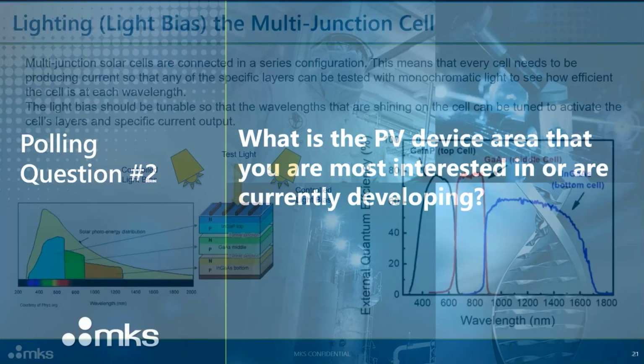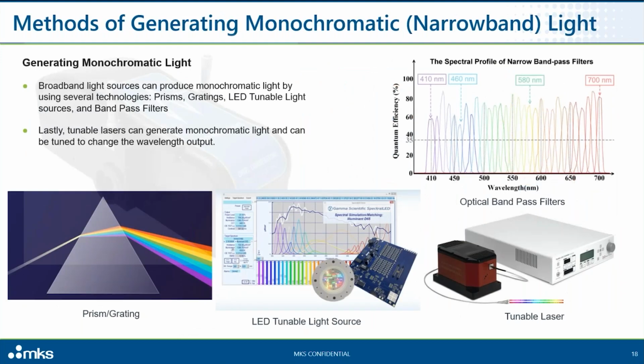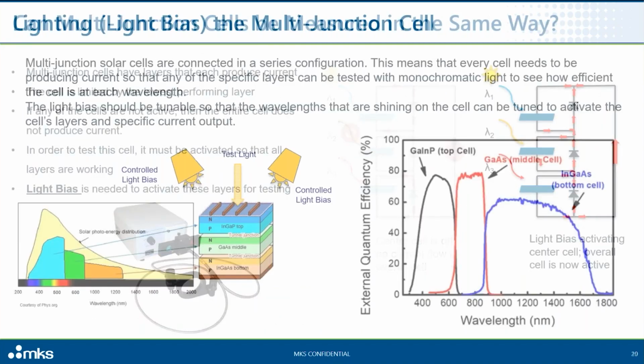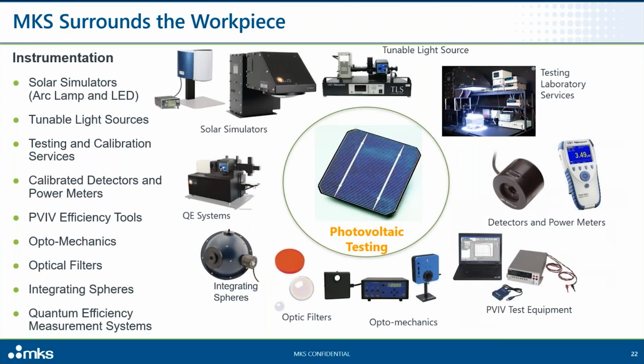And then you'll need some sort of power meter or spectrophotometer to know how much light is being output, so that you can get the incident photons on your device. And then you will need an ammeter to measure the current coming off of your test device, so that you can calculate the number of electrons.